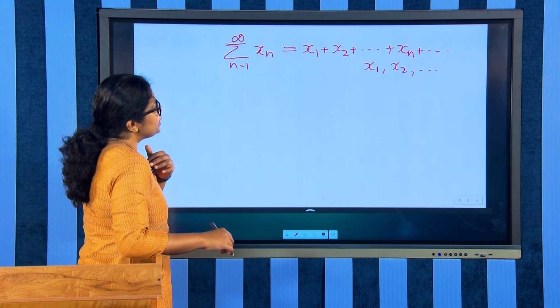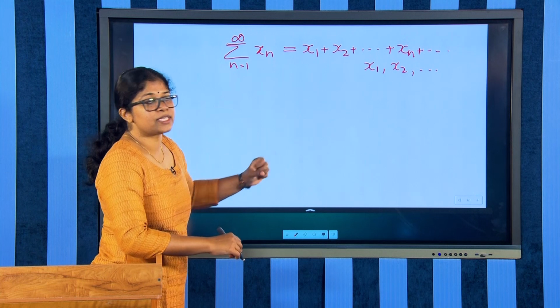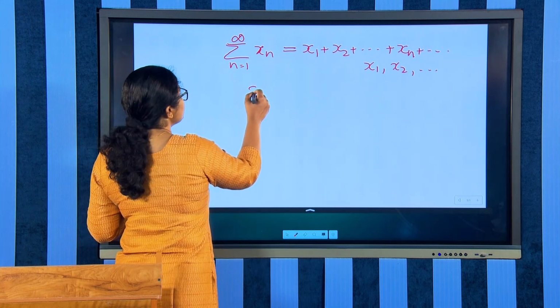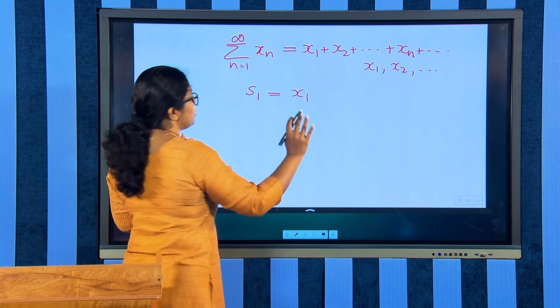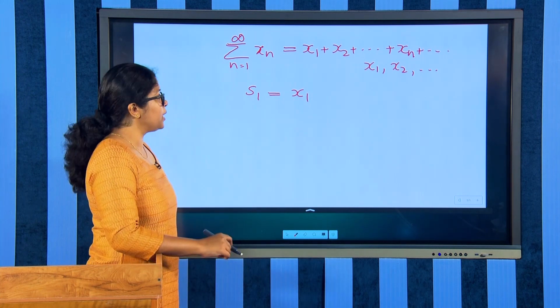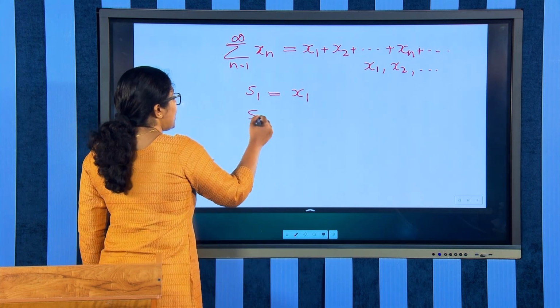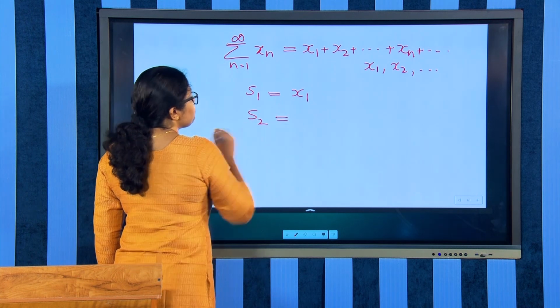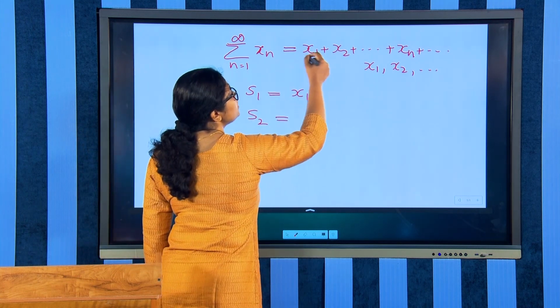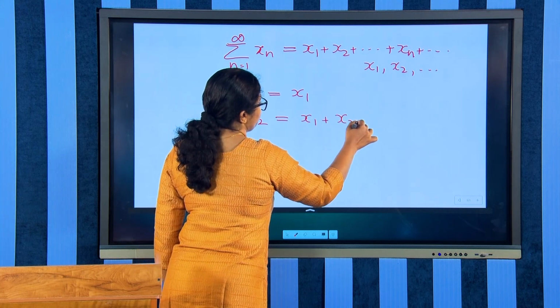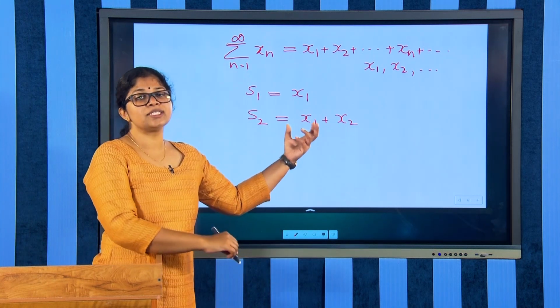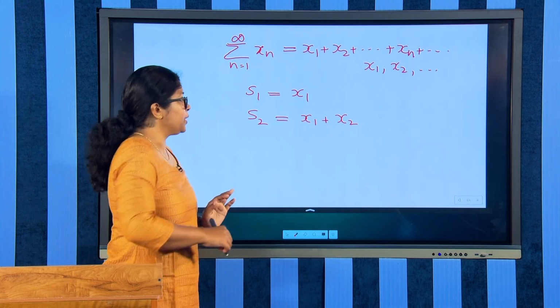The sequence of partial sums is created as follows. The first term S1 is nothing but the first term x1 itself, but the second partial sum S2 will be the sum of the first two terms of the series, that is x1 plus x2. We are adding the first and second term alone.